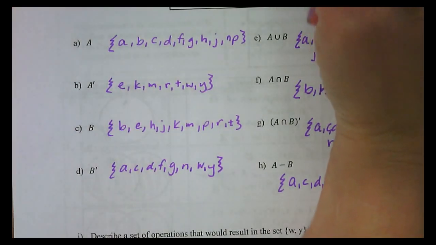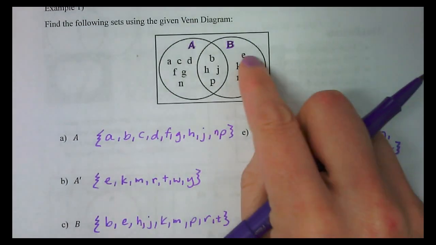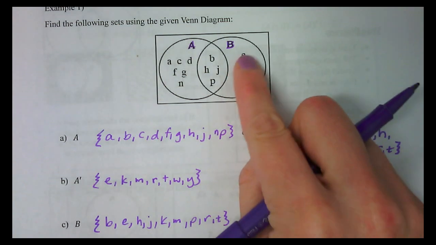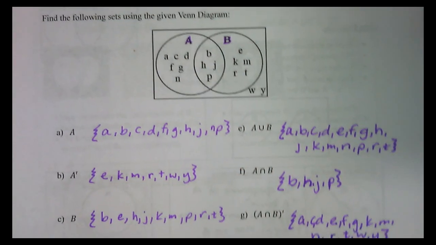So if I just want to leave out these right here, I'm leaving out the stuff that is only in B. So how can I do that? So I can do, I don't know, I'm going to have to think about that.